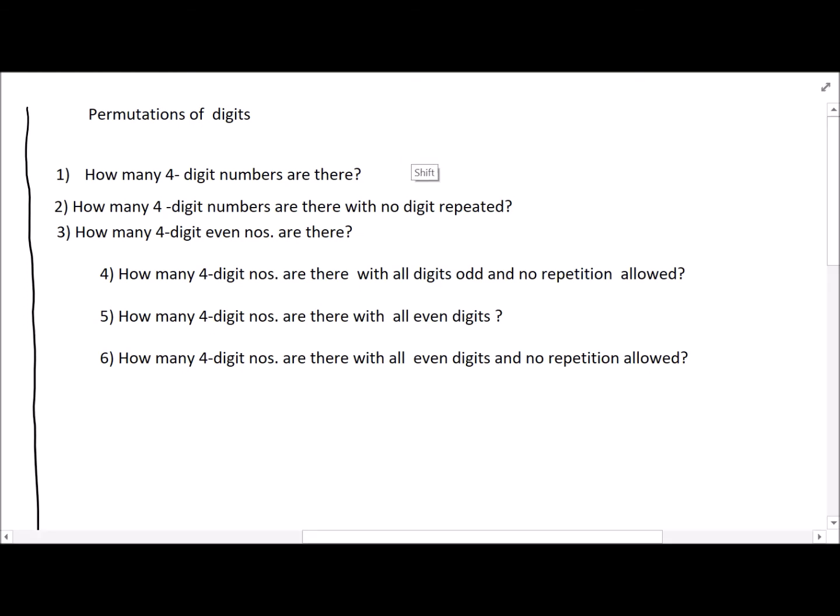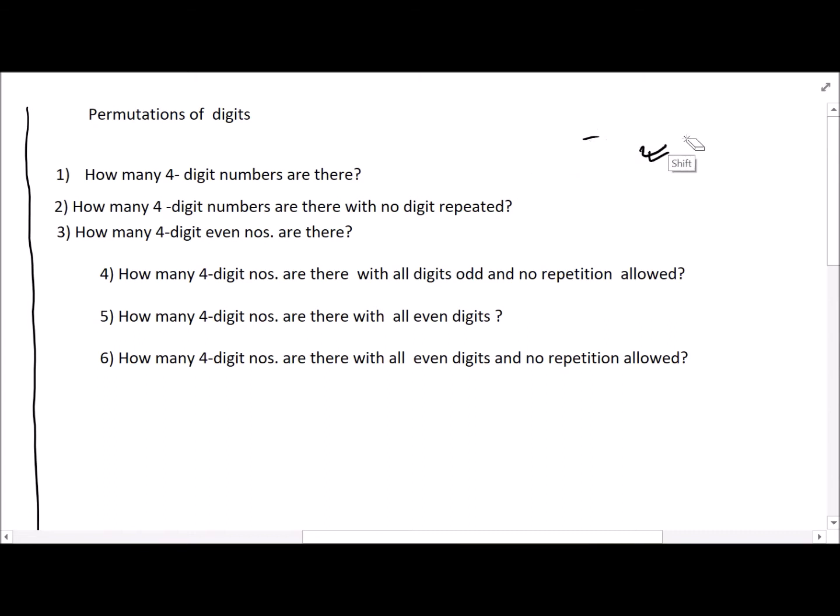The largest four-digit number is 9999 and the largest three-digit number is 999. So subtracting, you got 9,000. So 9,000 was your answer.